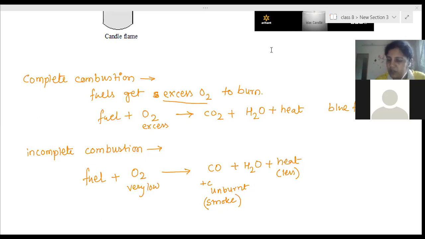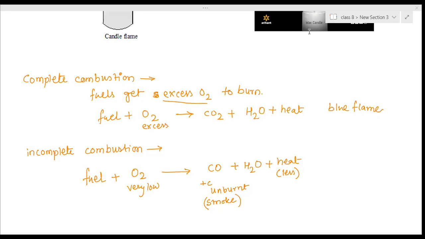At that time the flame produced is a yellow flame, and sometimes yellow plus black, that is a yellow sooty flame.